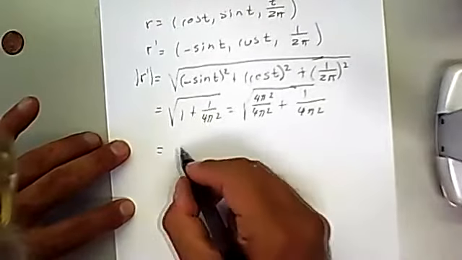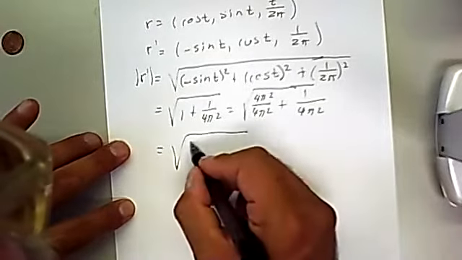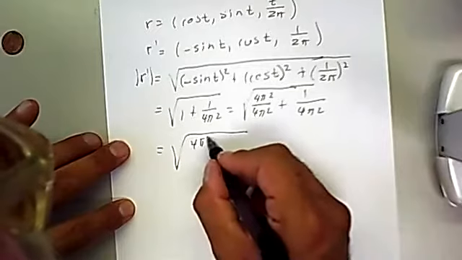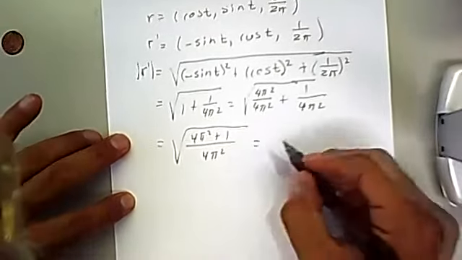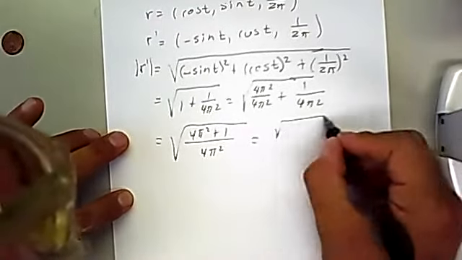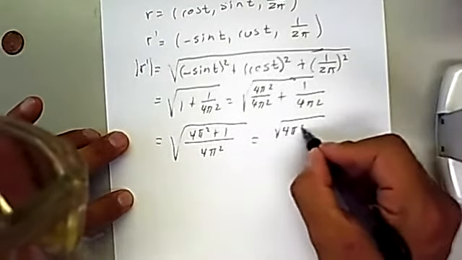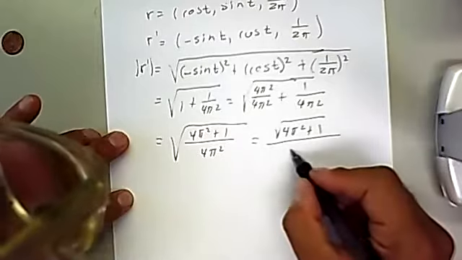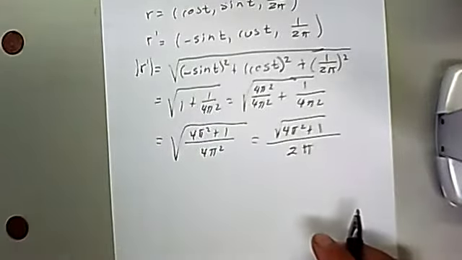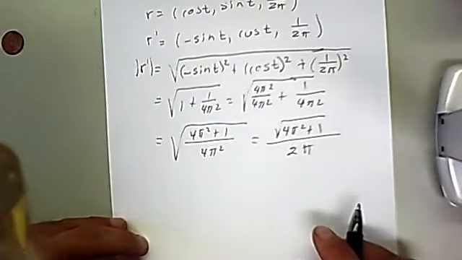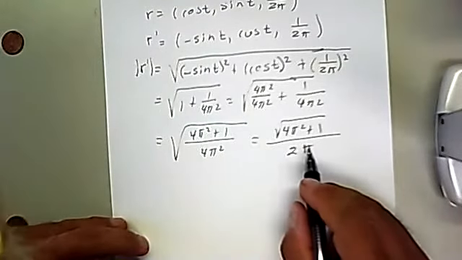It is nice to see things that are familiar. So we have the same denominator, 4 pi squared plus 1 over 4 pi squared. Then we can split this into 2 roots: square root of 4 pi squared plus 1 over 2 pi. Yep, that is the magnitude.